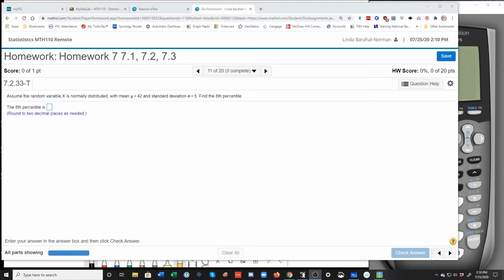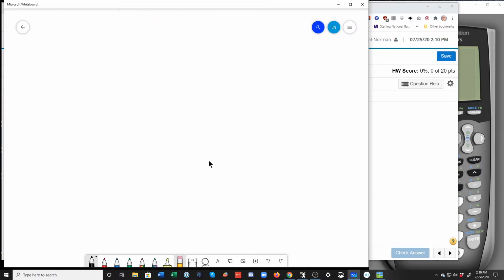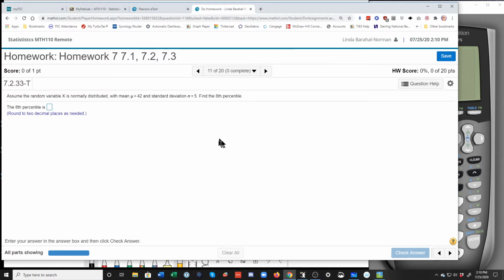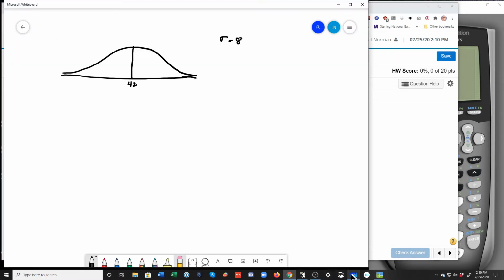So we have a normal distribution with a mean of 42, and the standard deviation is 5, and we're looking for the 8th percentile.